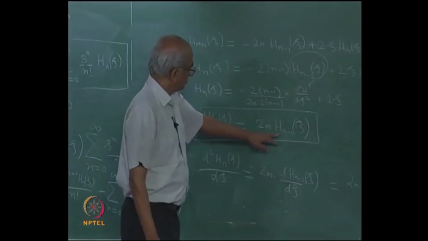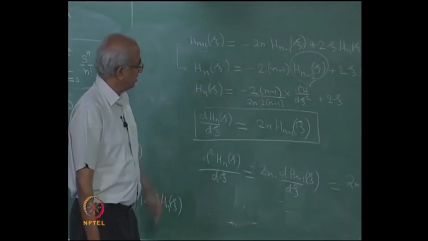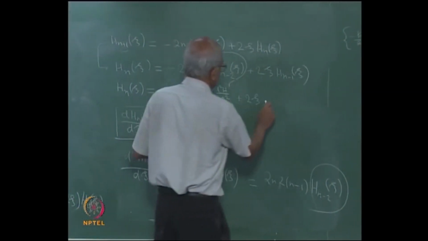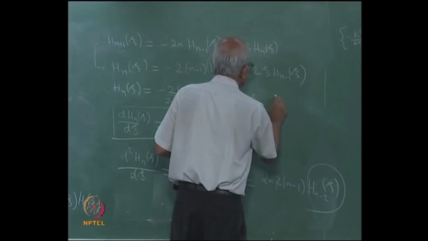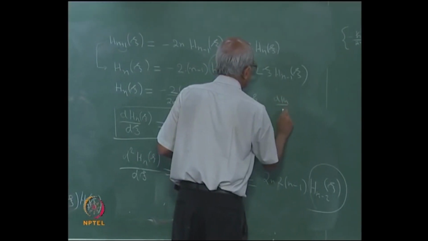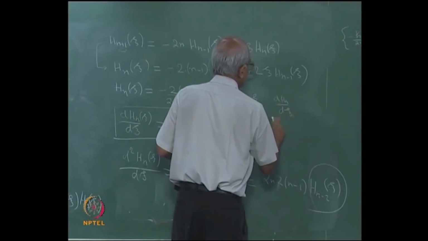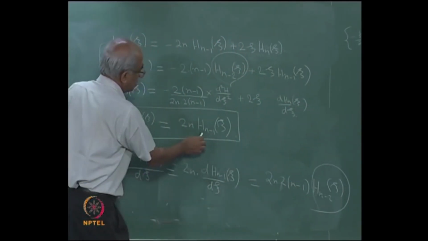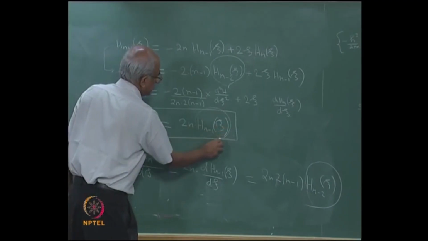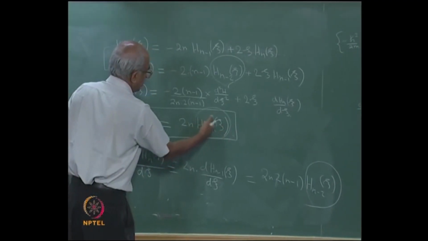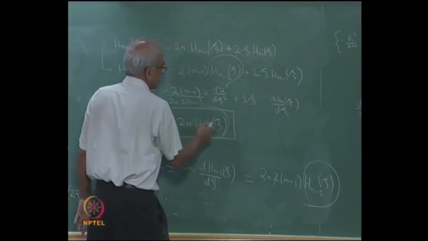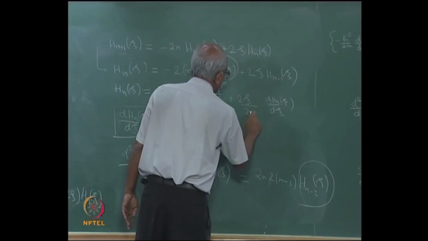I am going to use this equation to get rid of h n minus 1. So, naturally I shall get d h n by d c. I use this equation and replace the h n minus 1 occurring there. So, the answer is actually just this divided by 2 n.